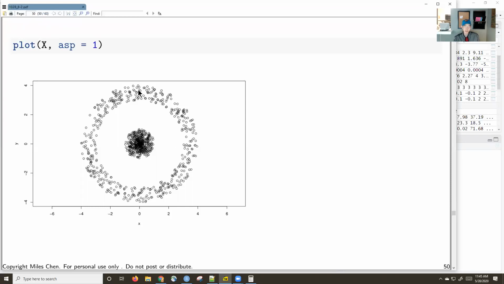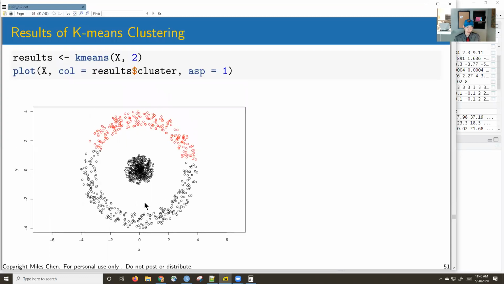And what we can see is, if we said make 2 clusters, intuitively we would say, all right, the ones in the middle belong together and the ones on the outer rim belong in a different cluster. But if we used K-means clustering, it's not going to work, right? So here I tried using K-means clustering, and it says these points belong together and these points in black belong together, okay?